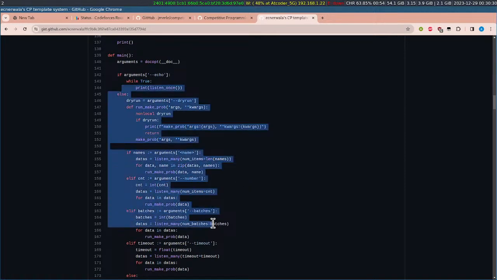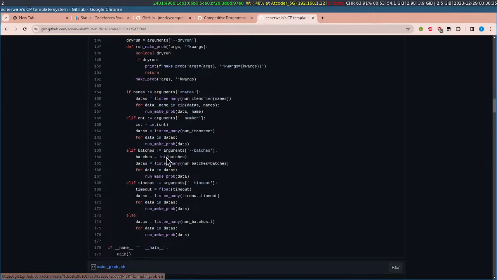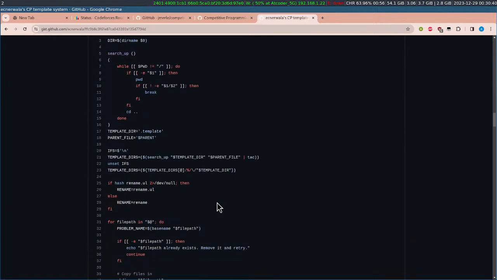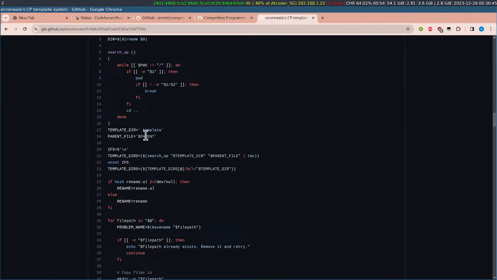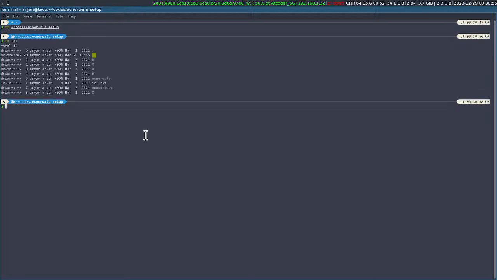It fetches all the problems and makes folders accordingly. There are two scripts: make_problem.sh and download_problem.sh. What this makefile needs is, okay. Probably this is one of the.